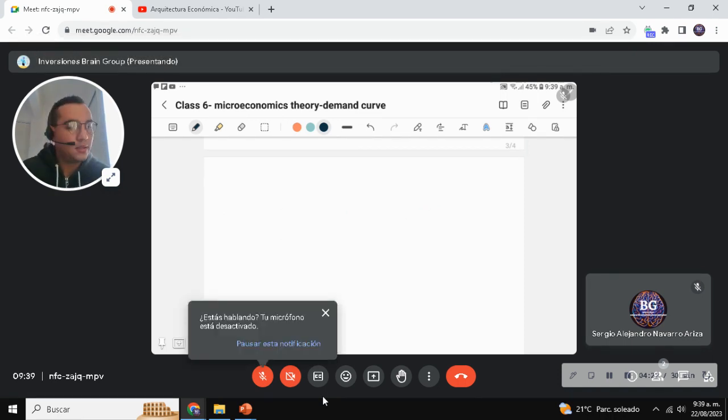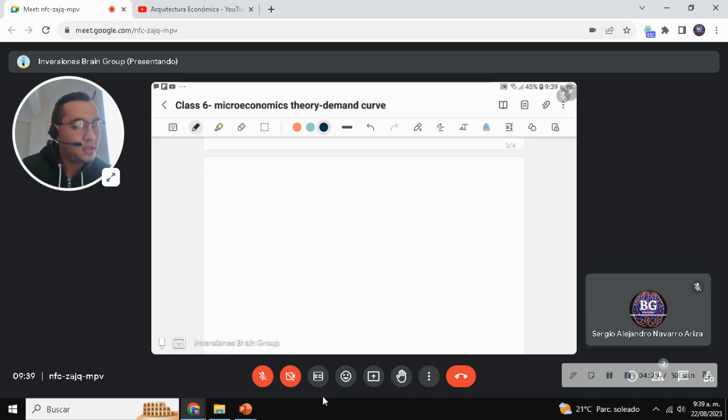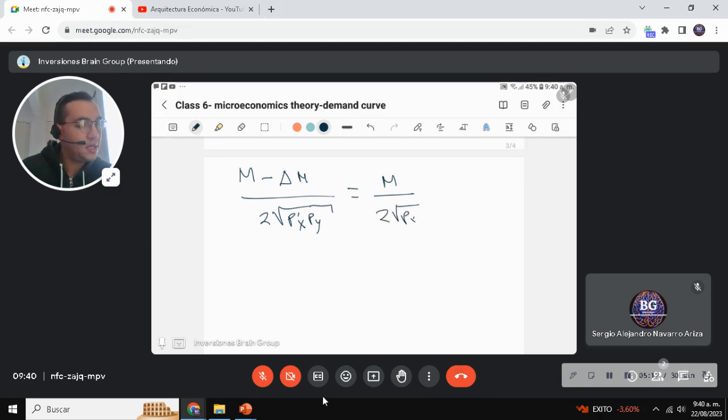We simplify the next example, and the variation in m divided by 4, price prime x, for price y, equals m divided by 4 price x, price y.